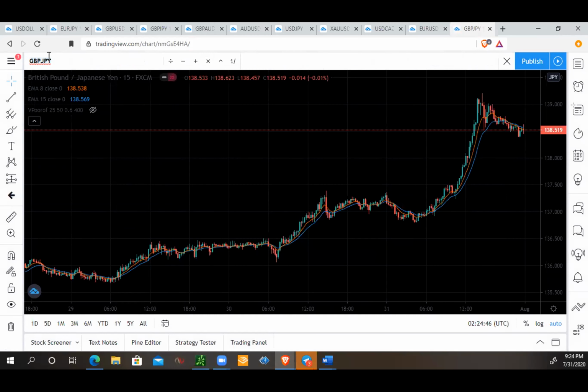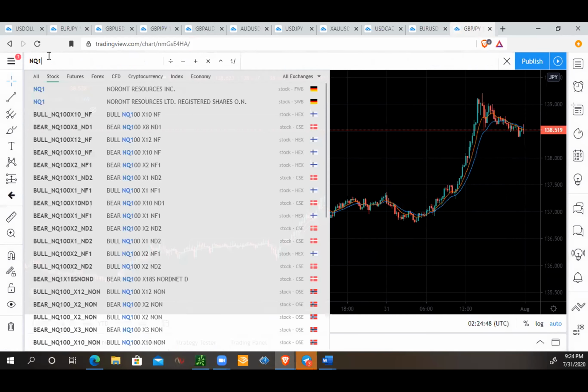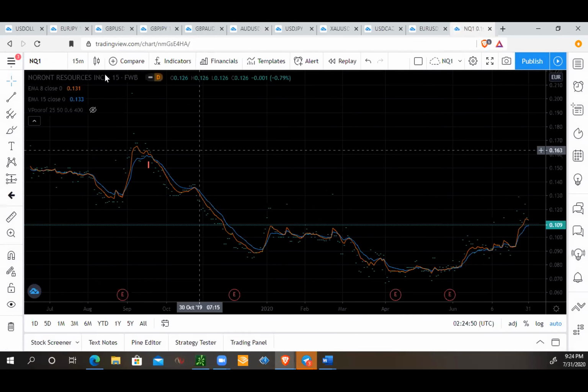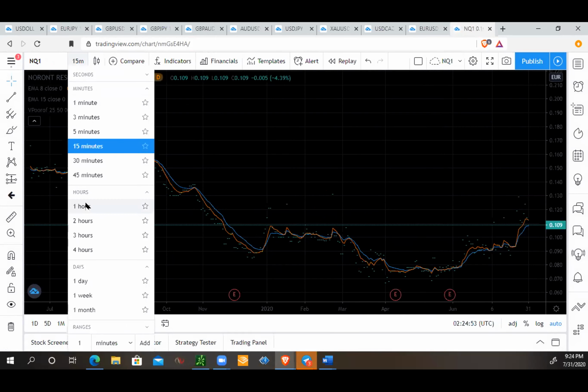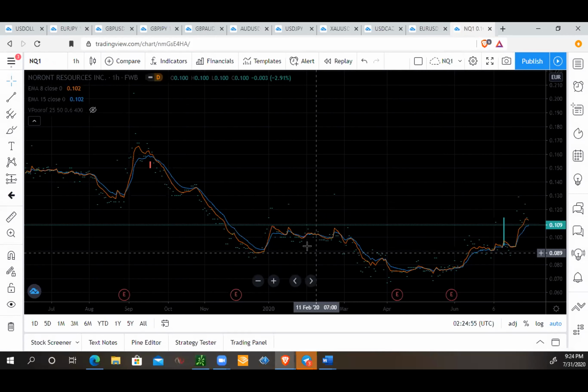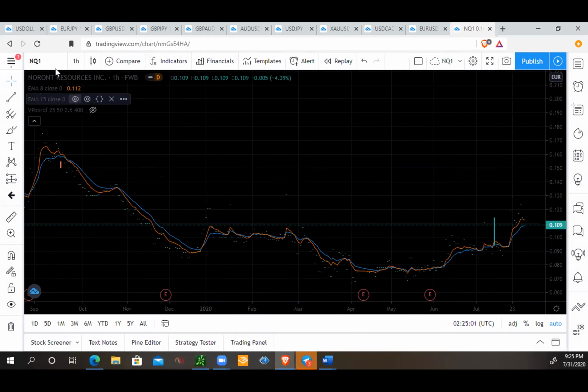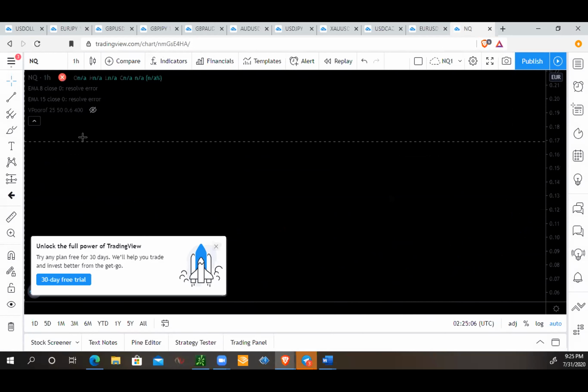Type in the Q and see what options you have, because it has some other options in there.